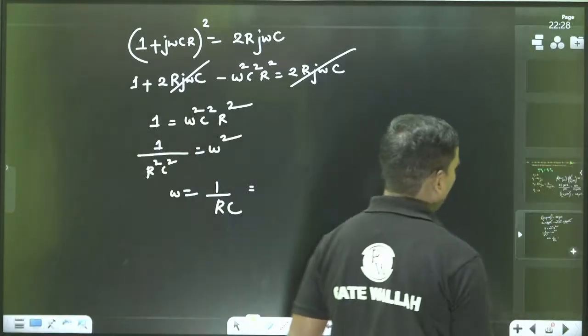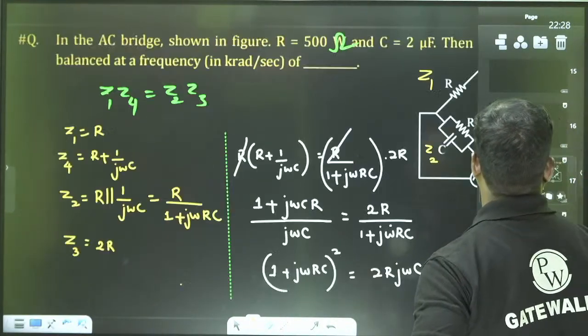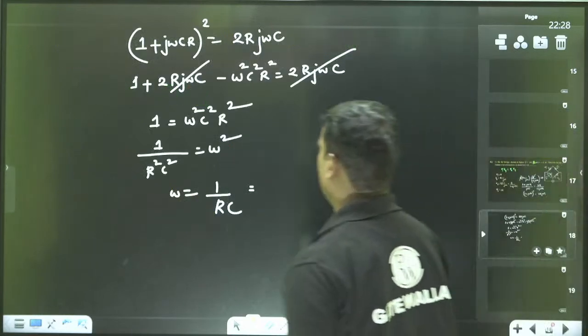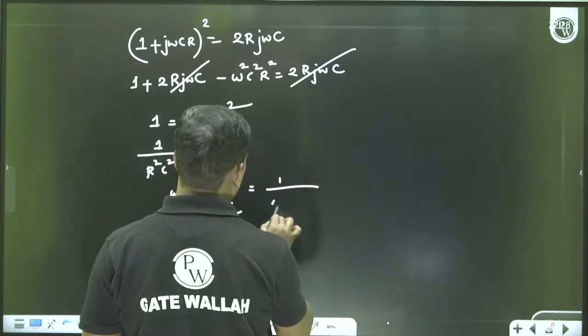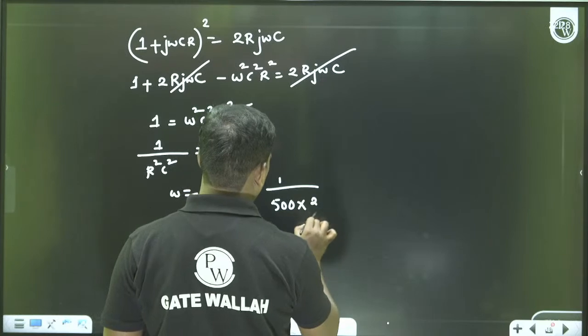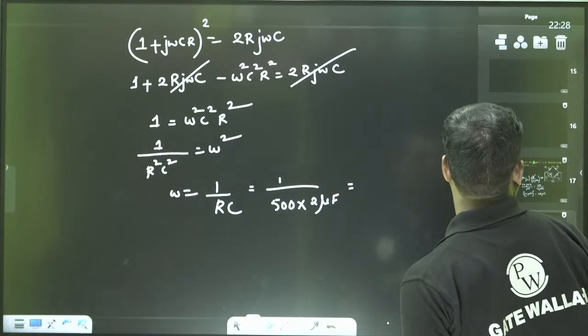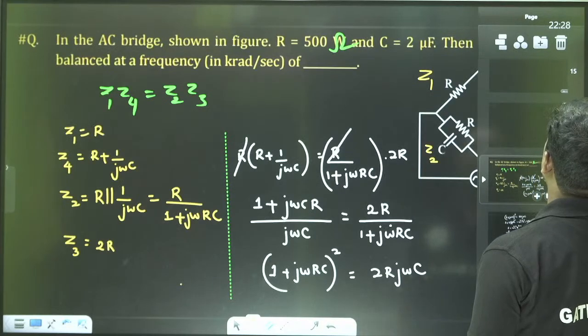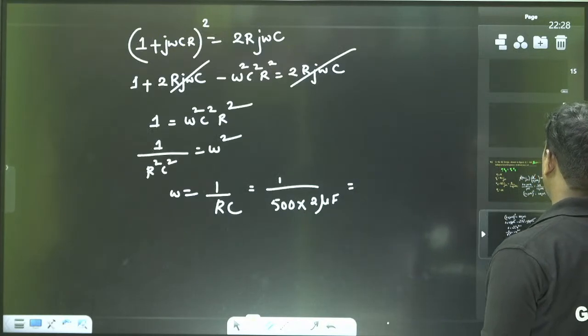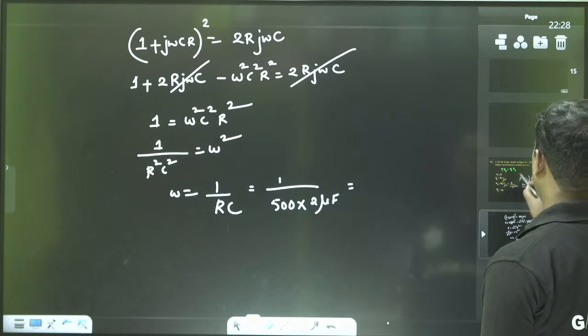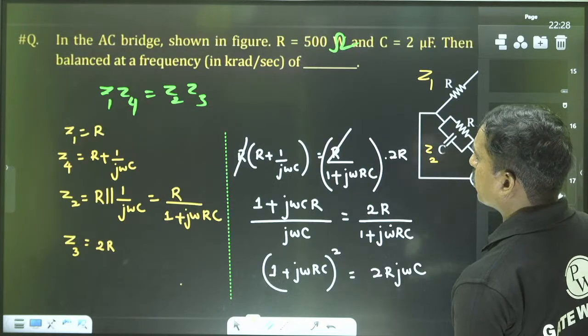So what is the data given? R is 500, C is 2 microfarads. The question asked is in kilo radians per second.